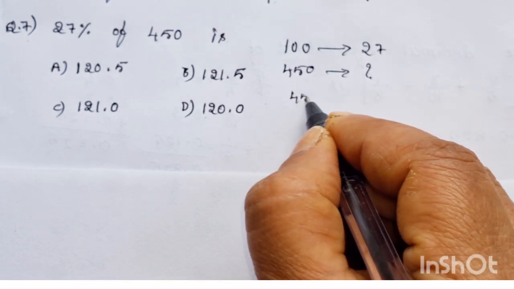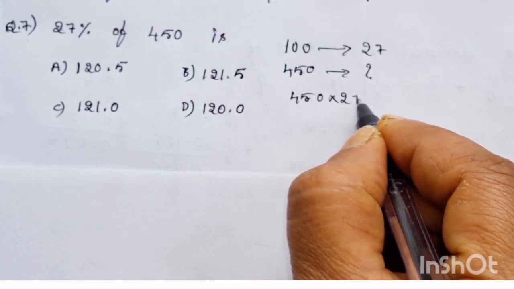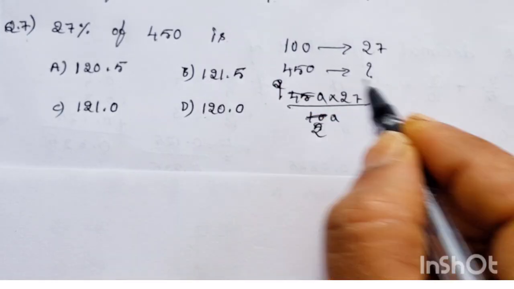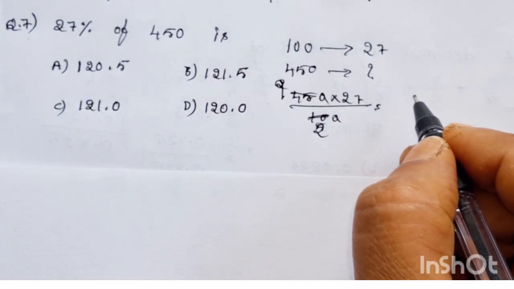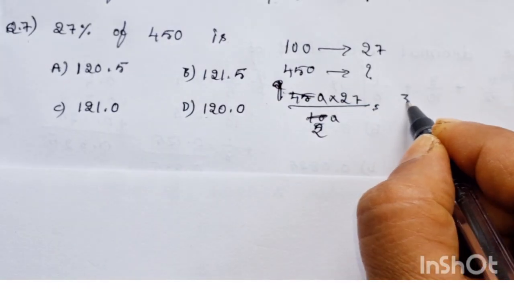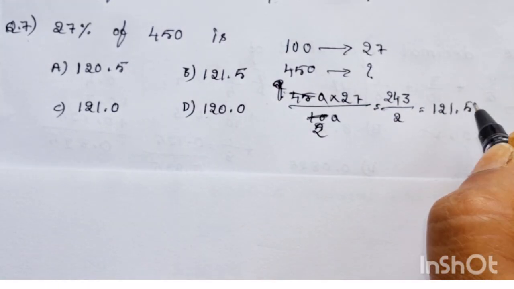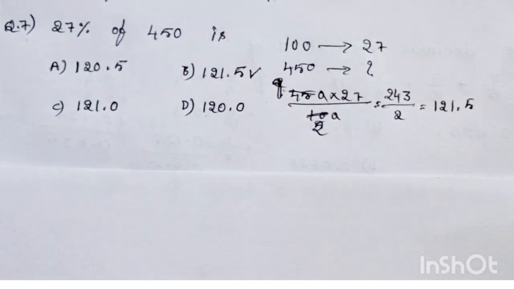Cross multiply it, it becomes 450 multiplied by 27 over 100. On simplification we get 121.5. Correct option is B, 121.5.